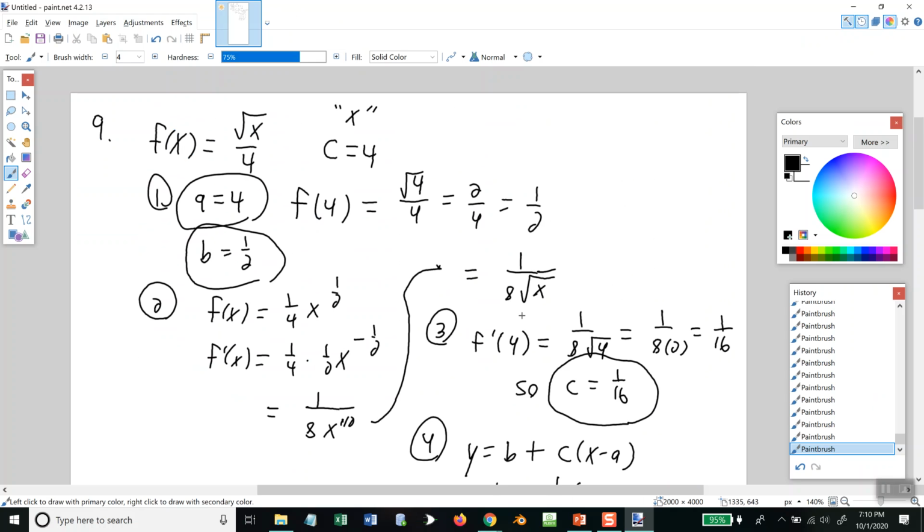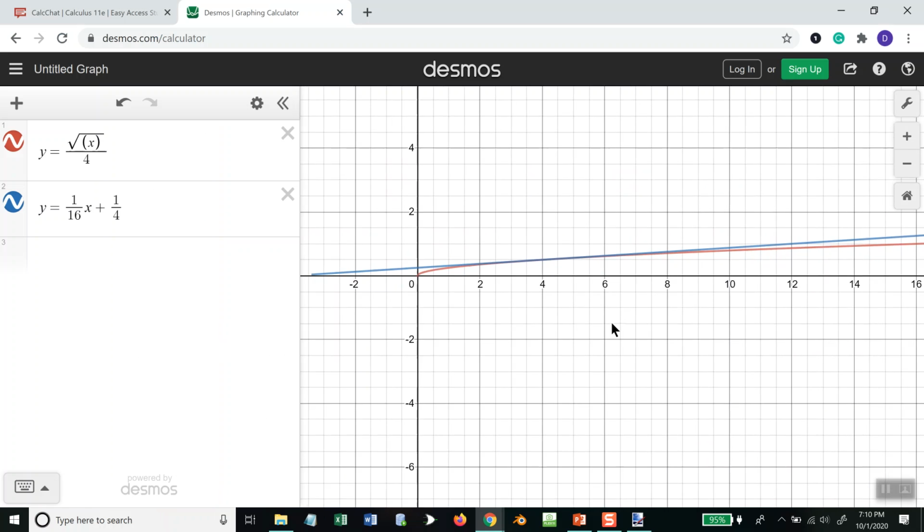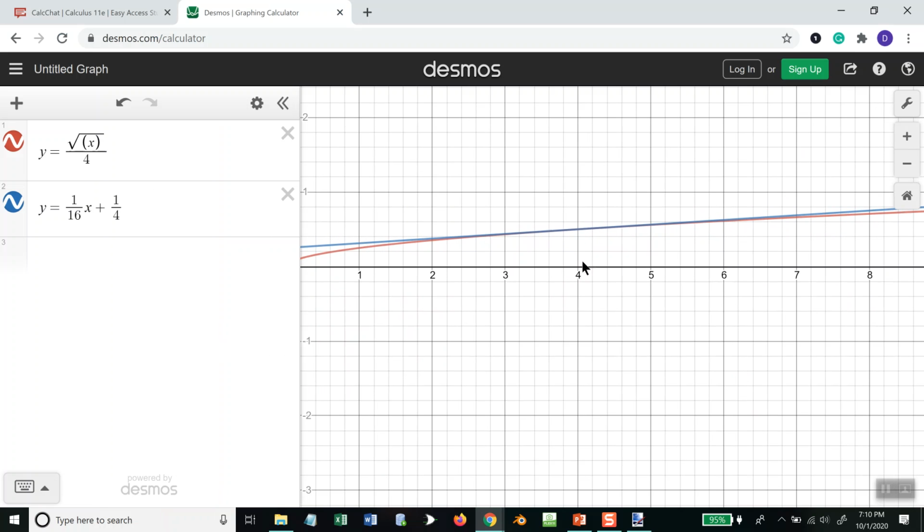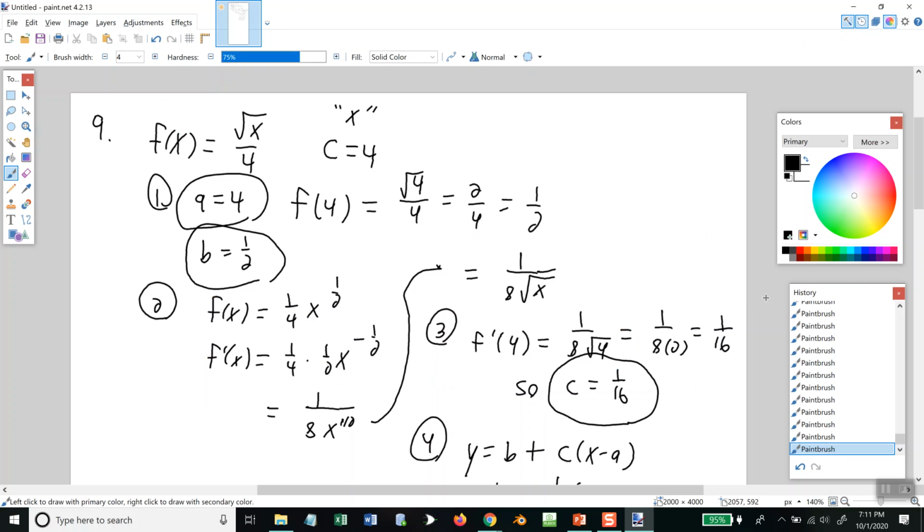And what are we looking at? Point 4, 1/2. Which looks like right here. And you can see we've got our straight line there. And yeah, it does correspond with our tangent line, doesn't it? So got one more of those.